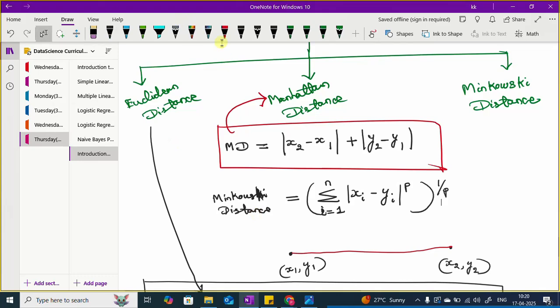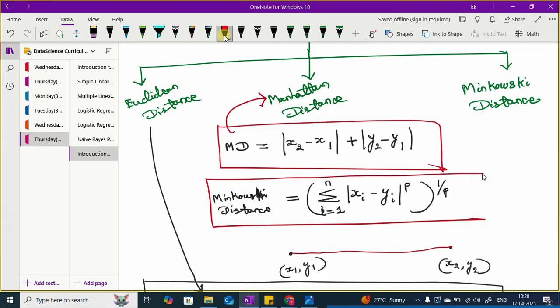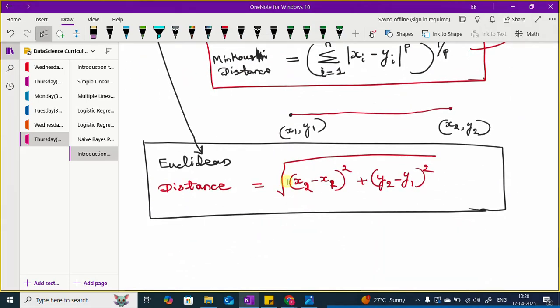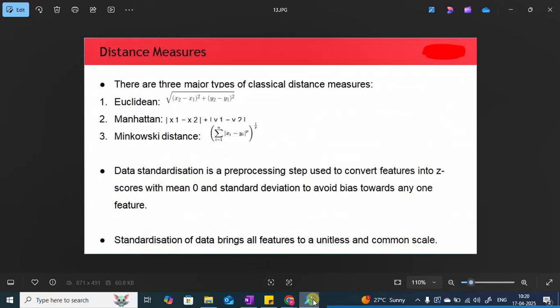Okay, this is the formula for Minkowski distance. Guys, clear? Any doubts so far? These are the different formulas that we use to measure the distance between two different data points altogether. Any doubt so far?